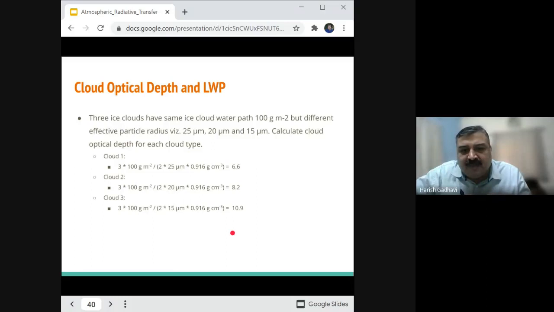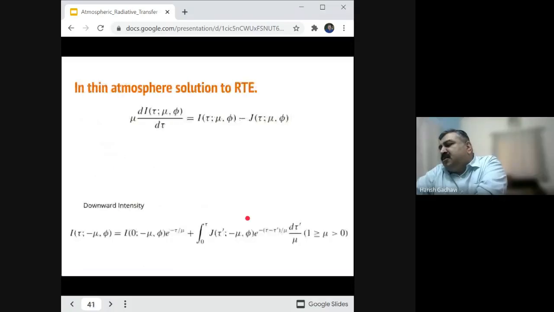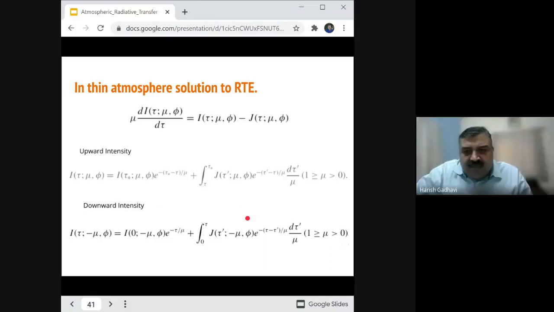So I think we are near the 12:30 end of today's session. Maybe let me see if there is something we can cover. We looked at this radiative transfer equation in the form of the plane parallel atmosphere. The term mu comes from the fact that we are treating the atmosphere as plane parallel, otherwise that mu will not be there.